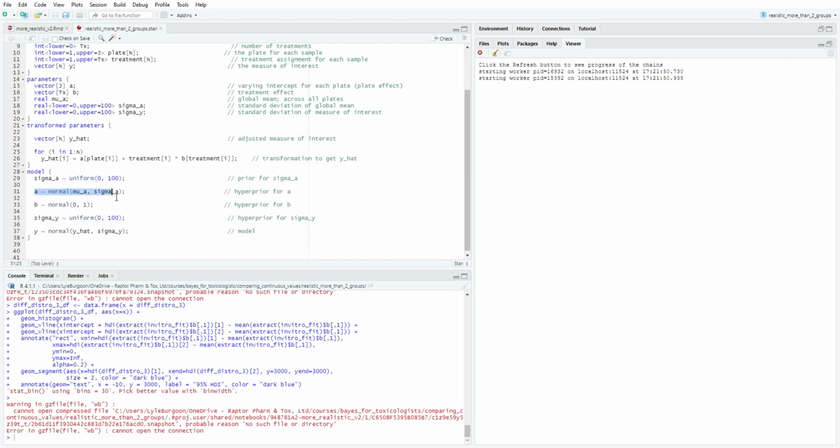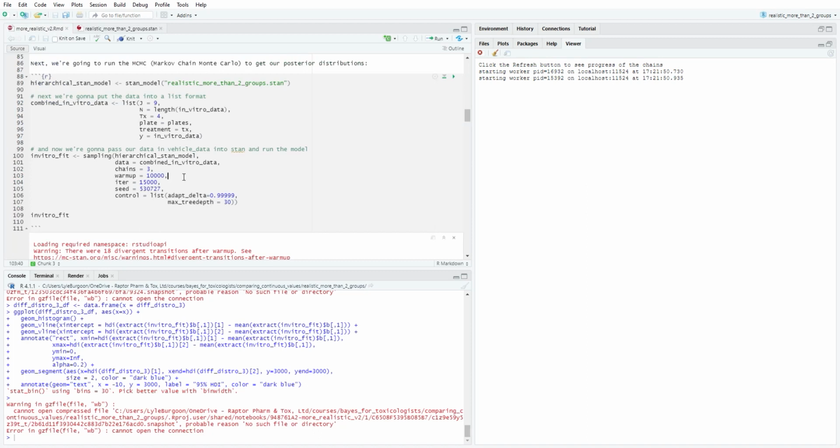For A, we're going to use a hyperprior that's based on mu A and then sigma A. For B, we have a normal that has a mean of 0 and a standard deviation of 1. Sigma Y, again, we're going to do the same kind of uninformative prior. And then Y, this is our main model, is going to be a normal distribution with Y hat as its mean and sigma Y as the standard deviation.